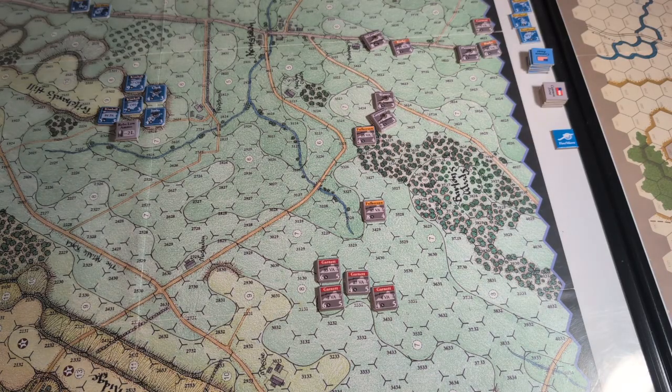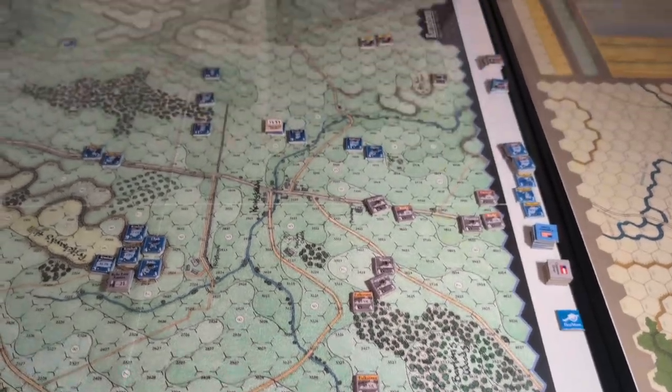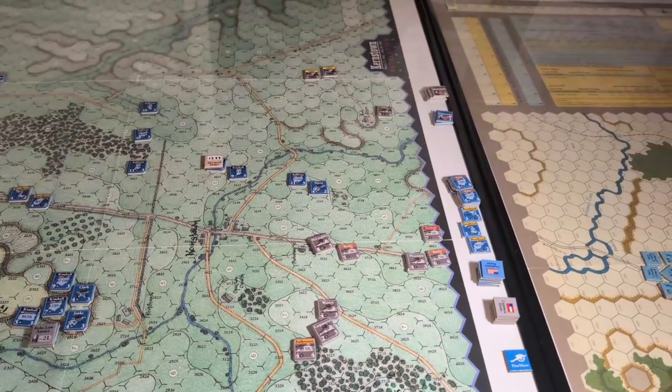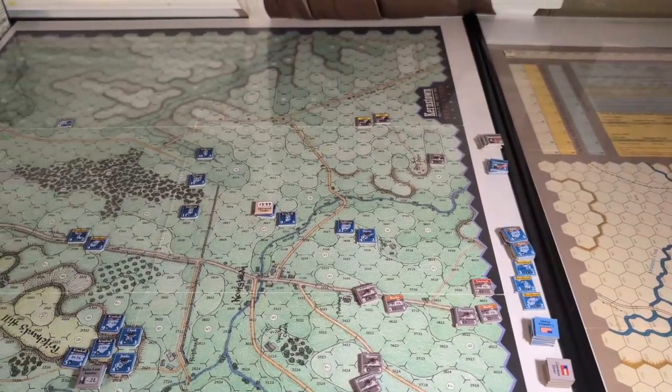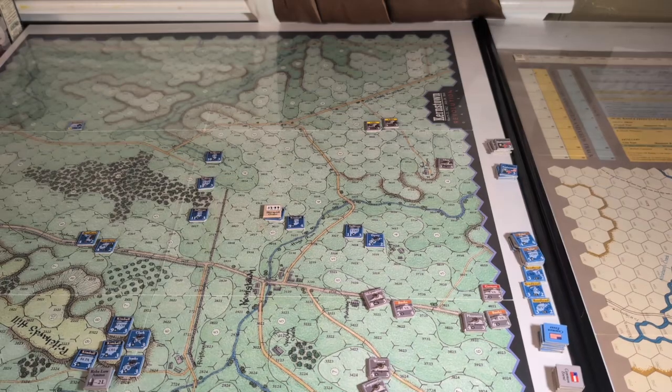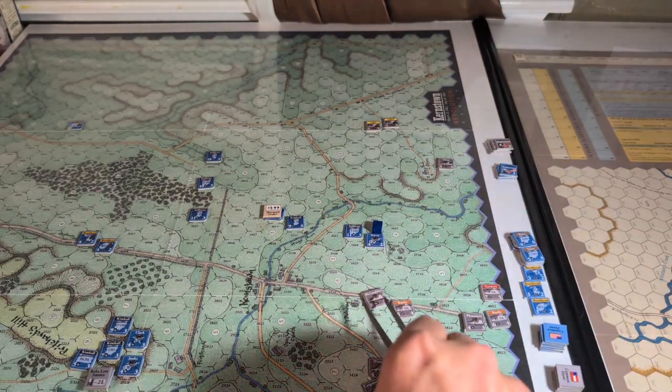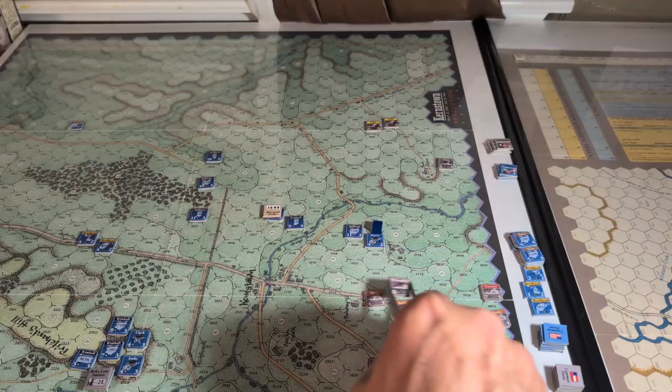All right, so the first thing we do is artillery. And so the unit gets to fire first with theirs. Of course, they're going to use Dave here. And they're going to fire right up here.